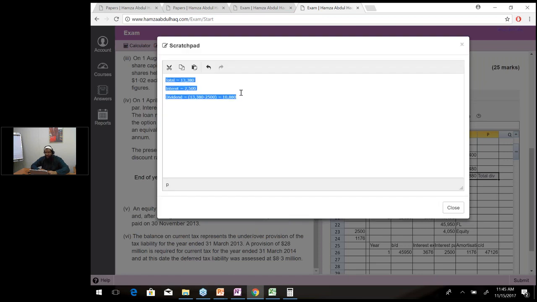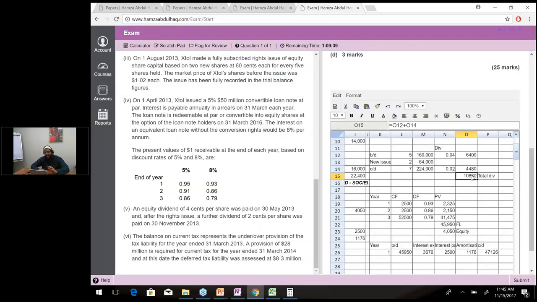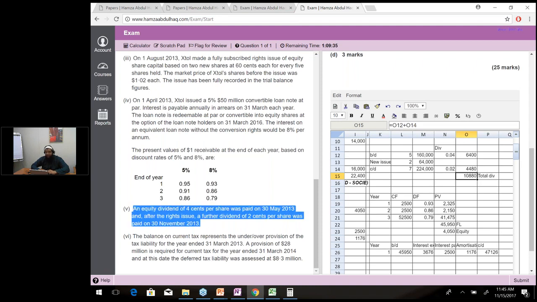So this means that we are going in the right direction. If our value would have been different, this would have meant that we have made some error. So in adjustment number 5, there was nothing to calculate other than the amount of dividend that we have already calculated. So if adjustment 5 was not there, we could have still calculated the amount of the dividend that have been paid.